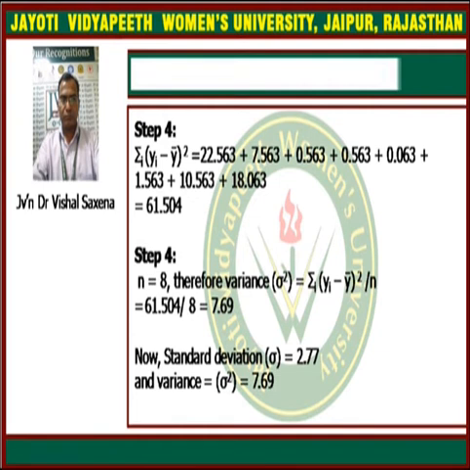Then how can we find the variance? Variance is given by sigma square, which is the summation of yi minus y bar whole square upon n. That is 61.504 upon 8, which is 7.69.